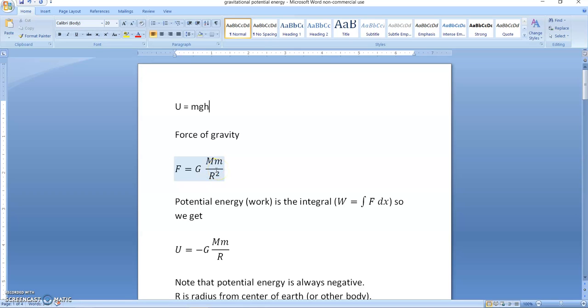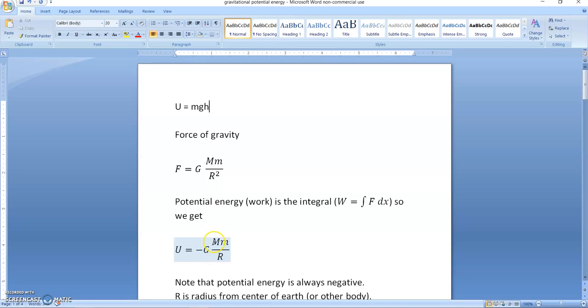But if you've done integration, you should be able to see that if I integrate this function with respect to r, the radius, the equivalent of x, just generic distance in our discussions way back when, you'll get the potential energy U equals negative G M m over r. That negative sign comes from the negative second exponent here on radius. So this is the actual true equation for gravitational potential energy.